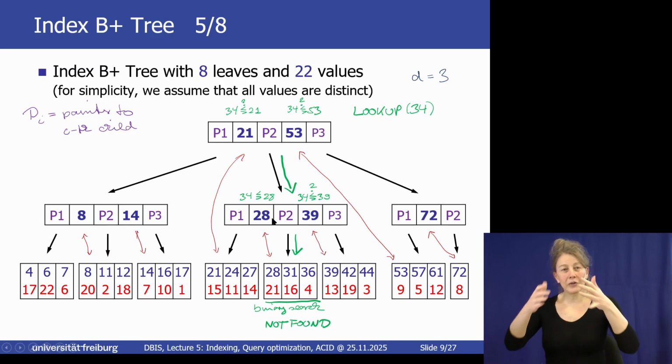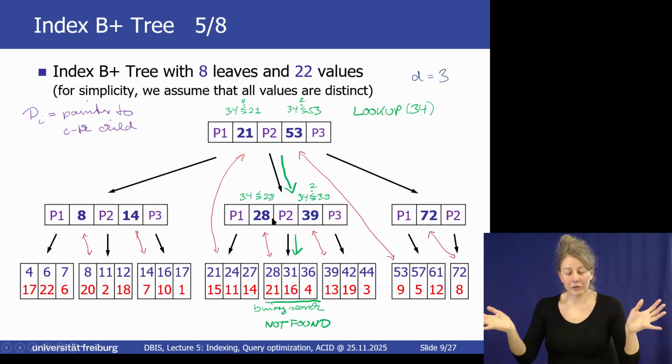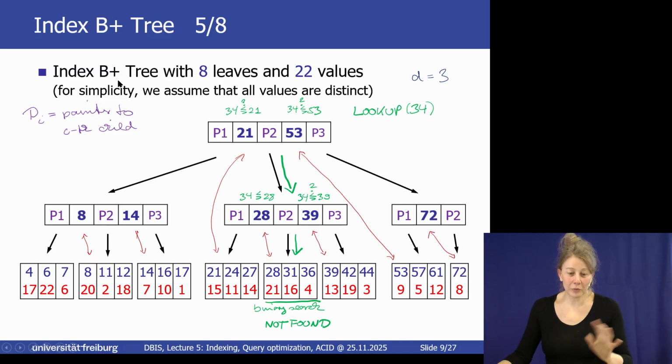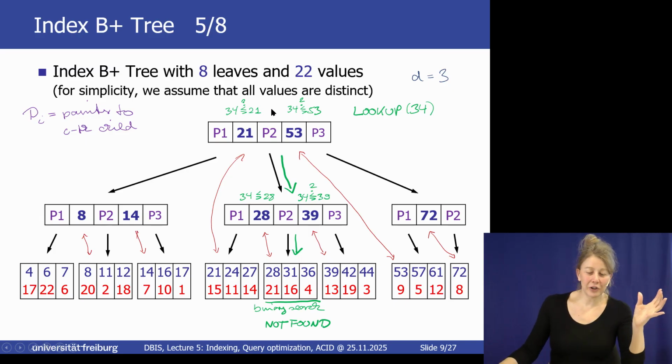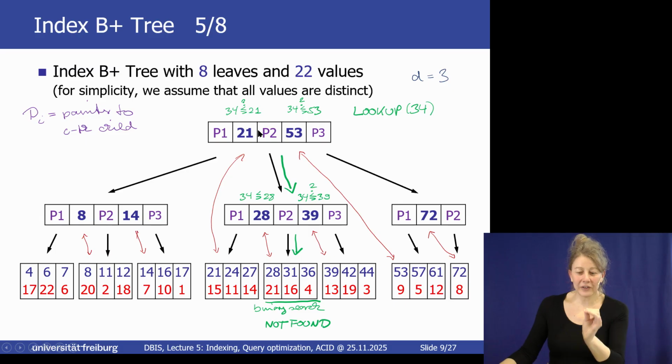And the inner nodes are just for navigating, for search. In a B tree, which is the older version, which is why it's not called plus, you also have this full information in the inner nodes, which has the slight advantage, that's the typical search tree thing. If I find something already here, then I can stop. Here I always have to go to the leaf level.